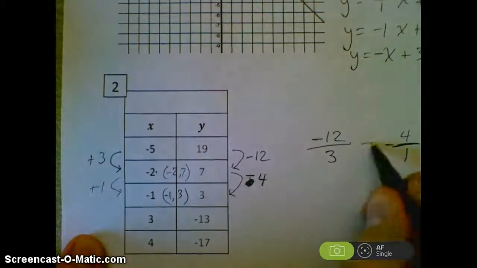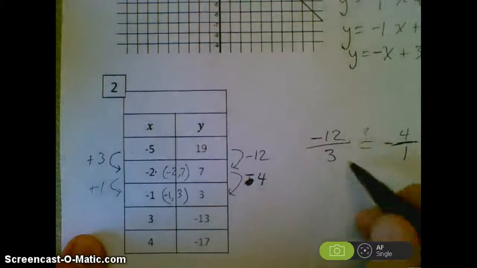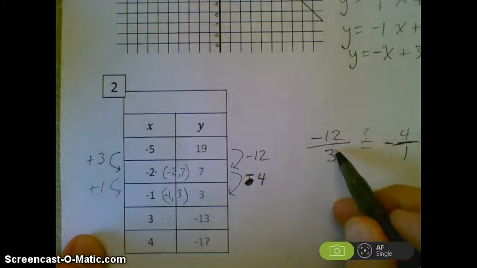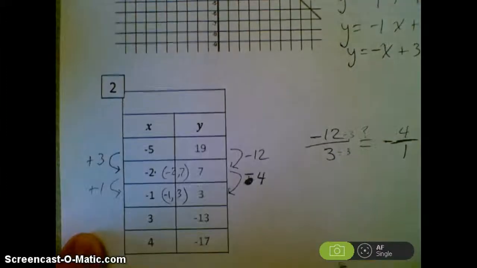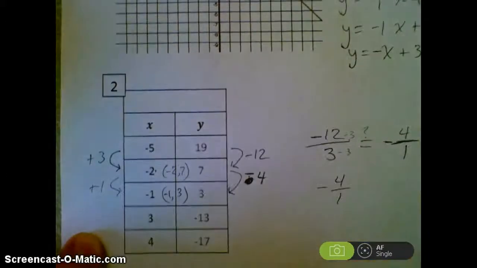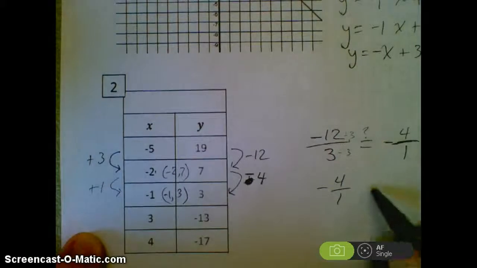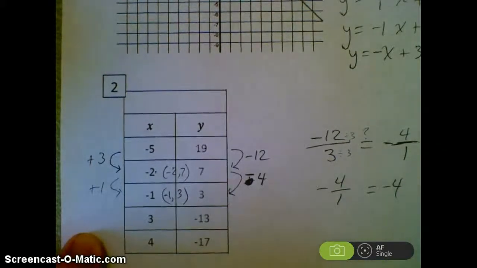Are those the same? Why, yes, they are. If we look at it as a fraction or as a ratio, I can divide the top and the bottom number by 3. I can simplify and get negative 4 over 1, or just negative 4. So the slope here is negative 4.